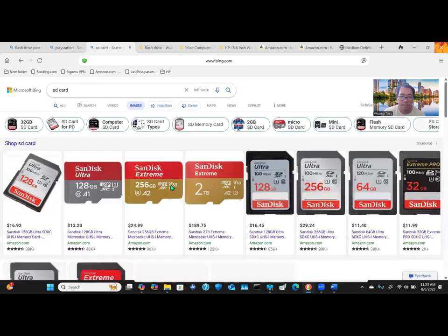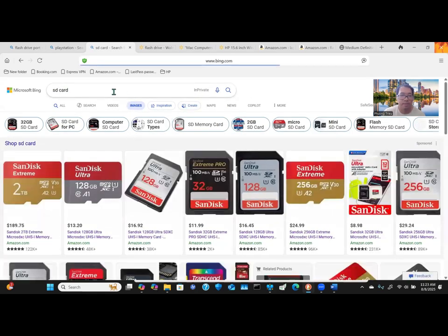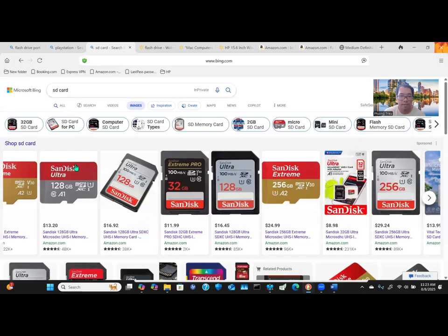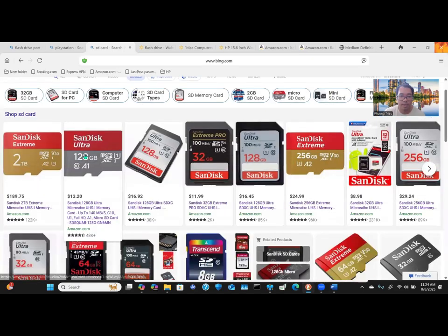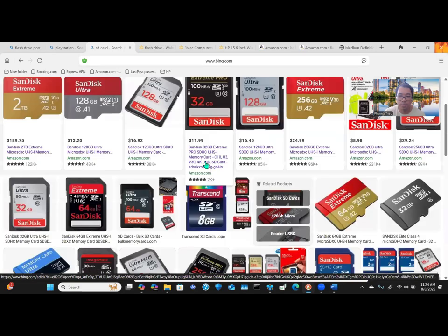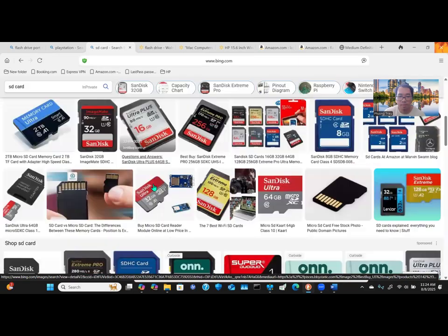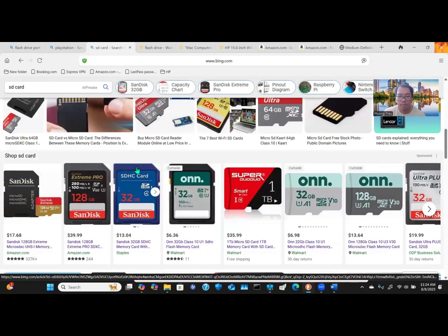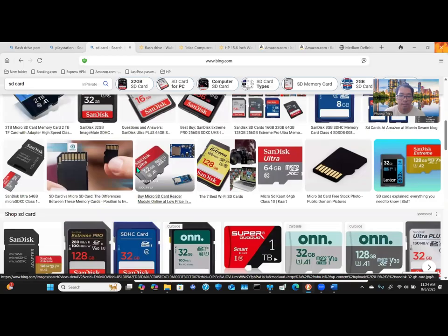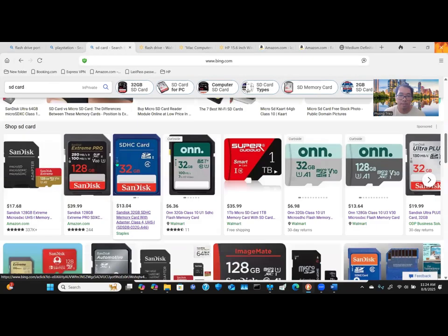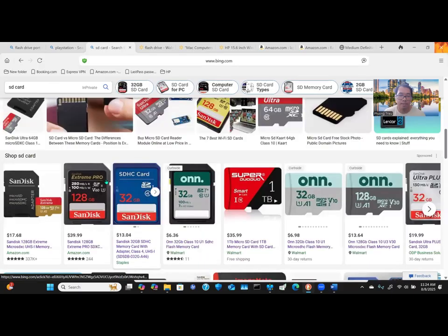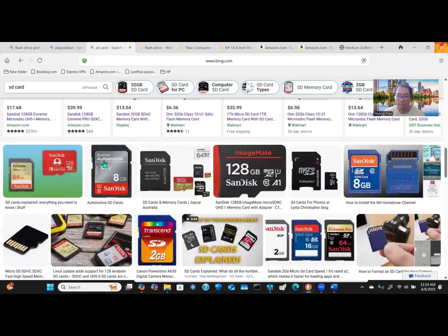Here are some different kinds of SD cards, and you can see different sizes here. This is 128 gigabytes. This is 32. Normally they might cost less than $100 each, depending on the size.